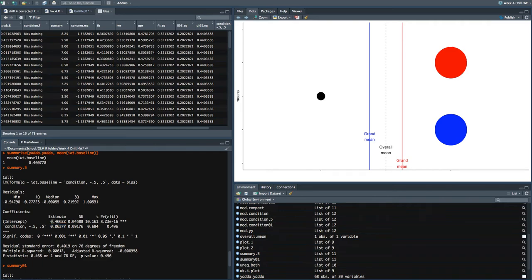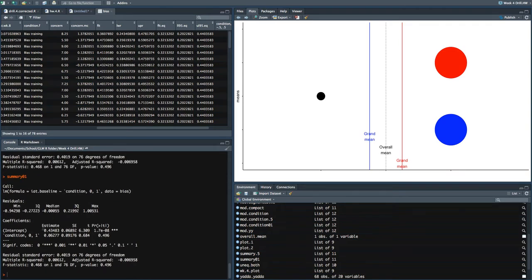So this is saying that the grand mean is 0.466, and that the difference between the -1/2 group and the 1/2 group is 0.06. Down here, the estimate for the no bias training group is 0.43, and the bias training group is 0.06 higher than that.